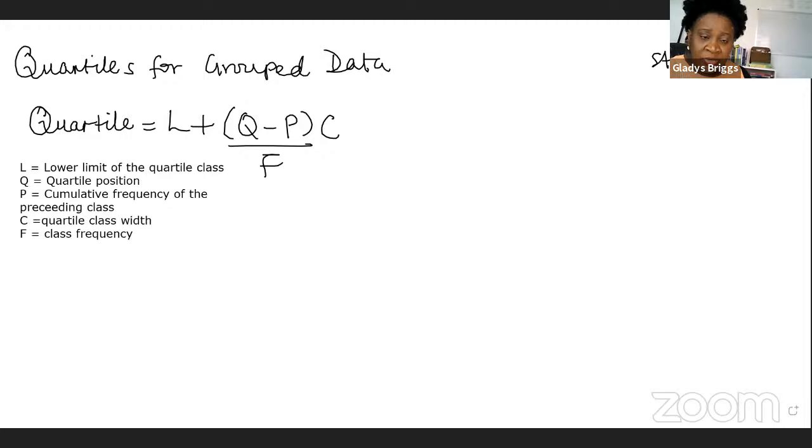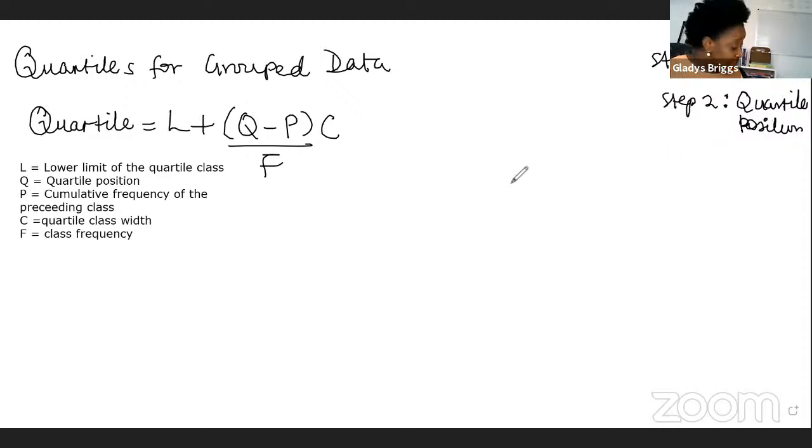So step one is to draw the cumulative frequency column and include the cumulative frequency for your data. Step two is to find the quartile position. Step three is to find out what all of these variables are, and then you put them in.